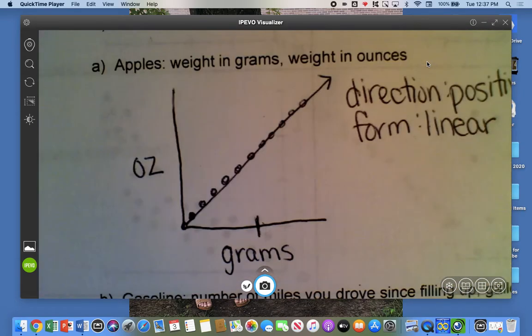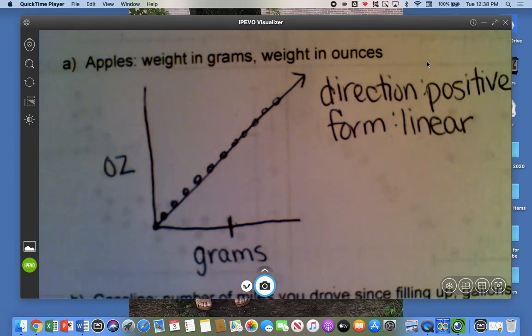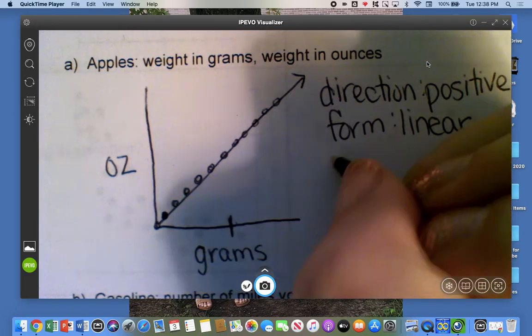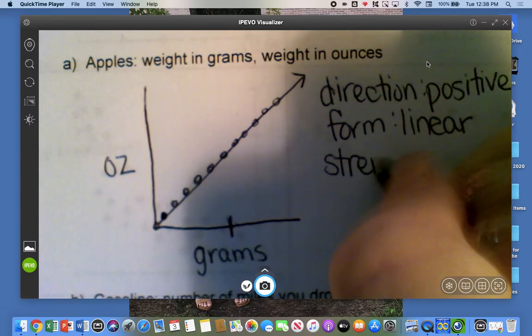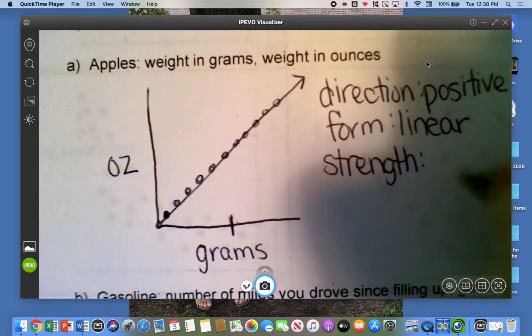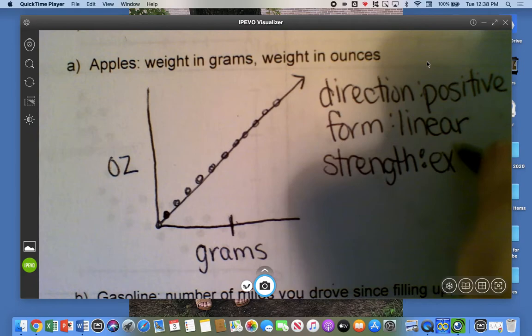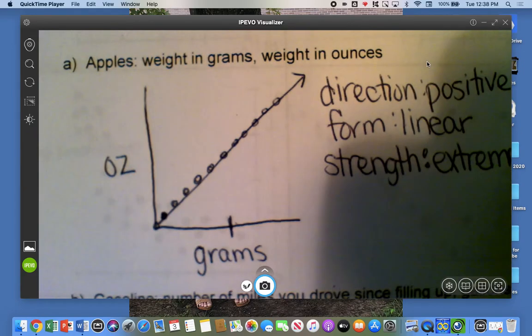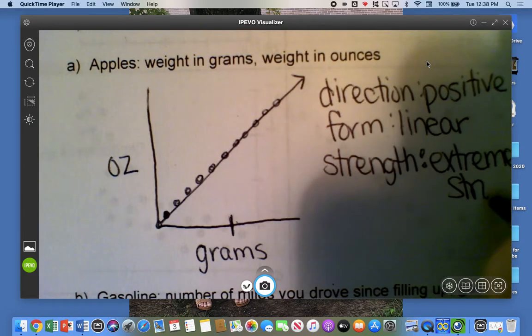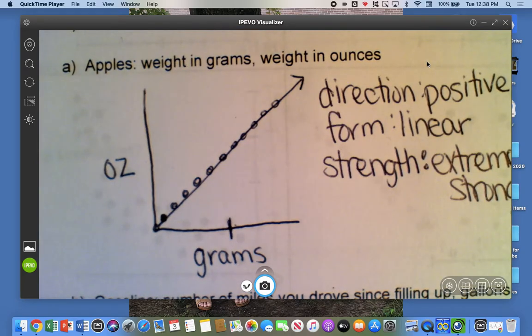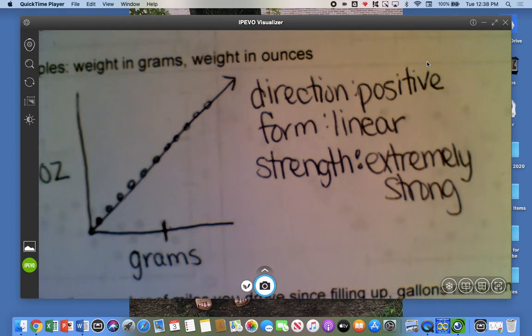And then what would you say about the strength? Strong, weak? We could say even extremely strong. Why do you think we can say extremely strong here? There's absolutely no scatter. So this one is extremely strong.